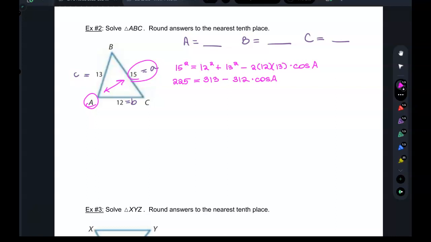Okay, so I'm going to subtract 313 from both sides first, order of operations. So 225 minus 313, we get negative 88.